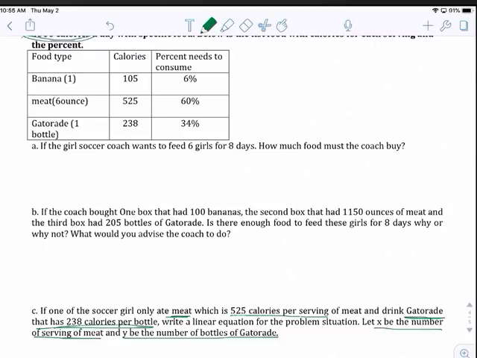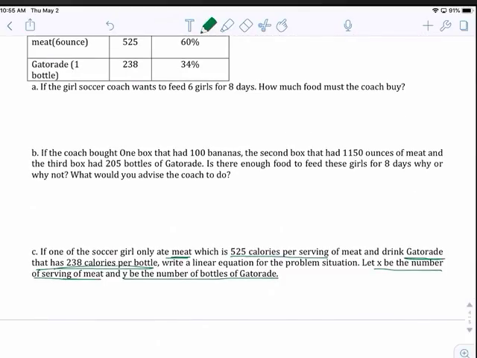So Gabby, how would we write an equation for this? $5.25 times... What did they say to use for meat? They say X for the serving of meat.